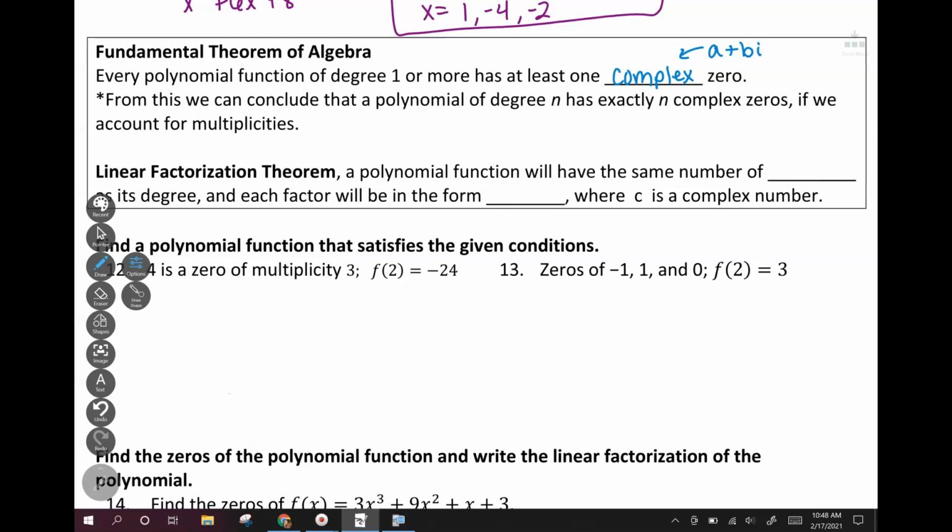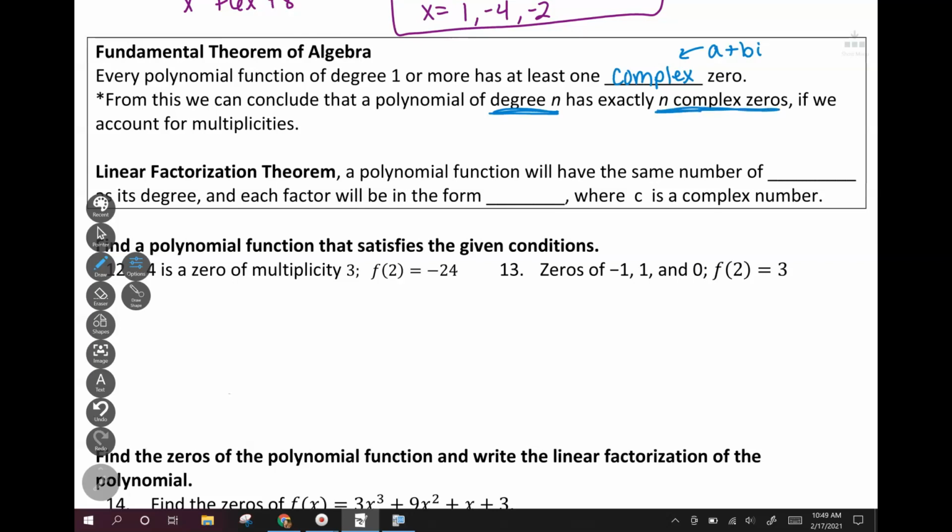It doesn't matter if it's real or imaginary, but every polynomial has at least one zero. From this, we can conclude that a polynomial of degree n has exactly n complex zeros if you count multiplicities.